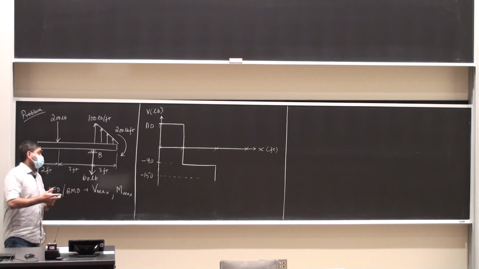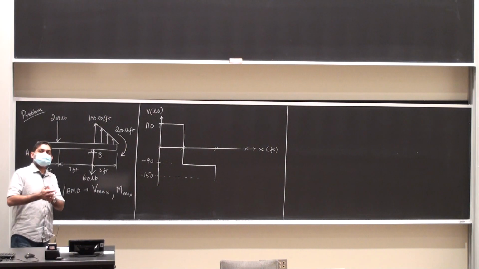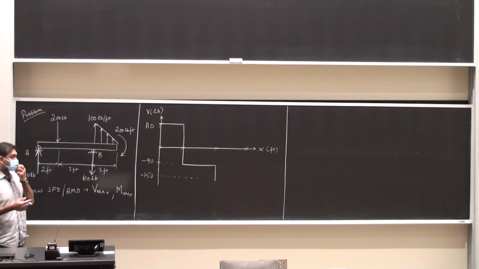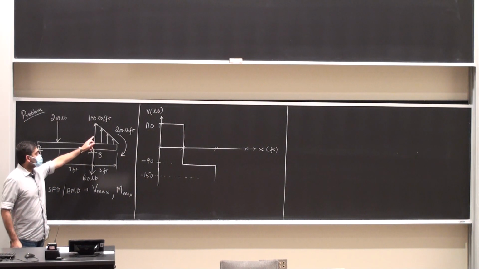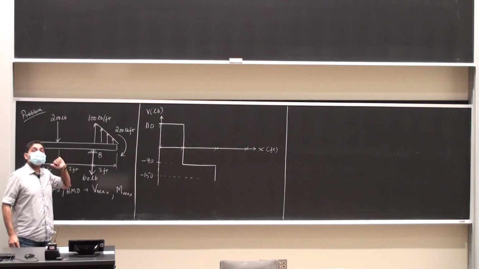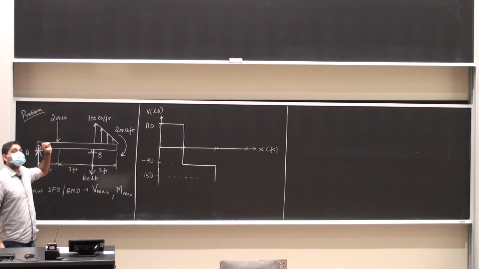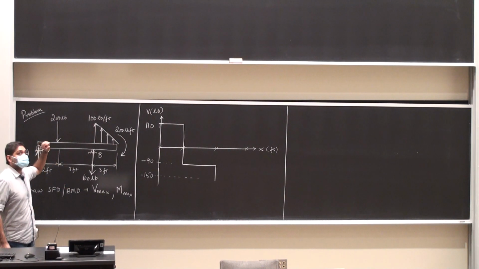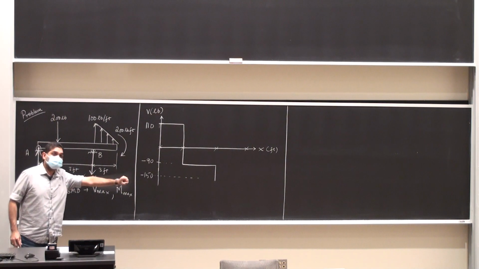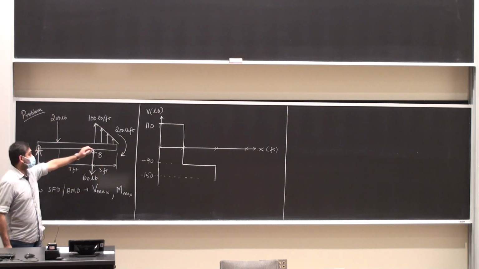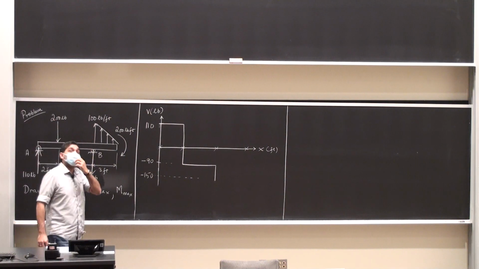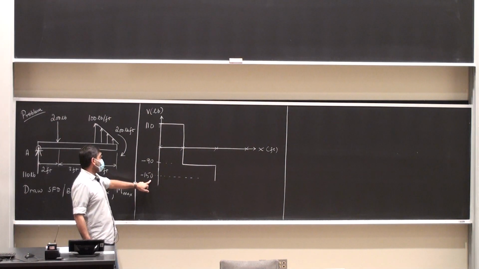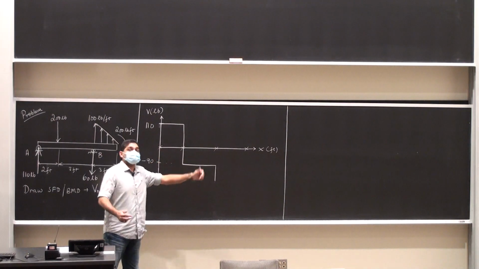The only question is, how do I go to 0? And that's where we have to be careful. If I look at the distributed loading, it is first of all positive, and the intensity of this load distribution reduces to 0. So I start off by saying that I'm going to be increasing, going from a negative value to a less negative value, which is essentially 0.